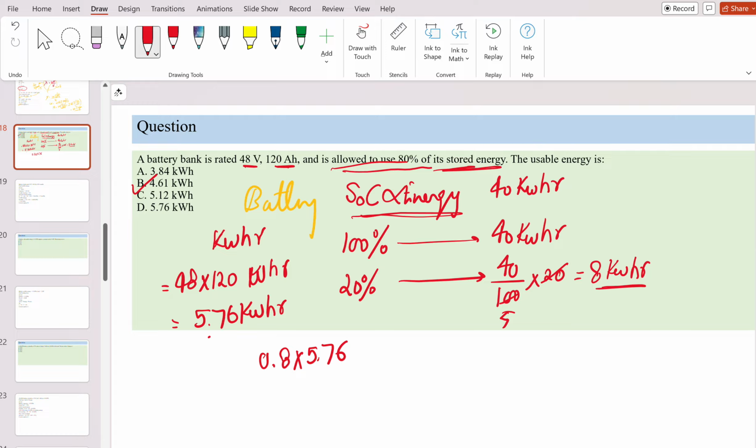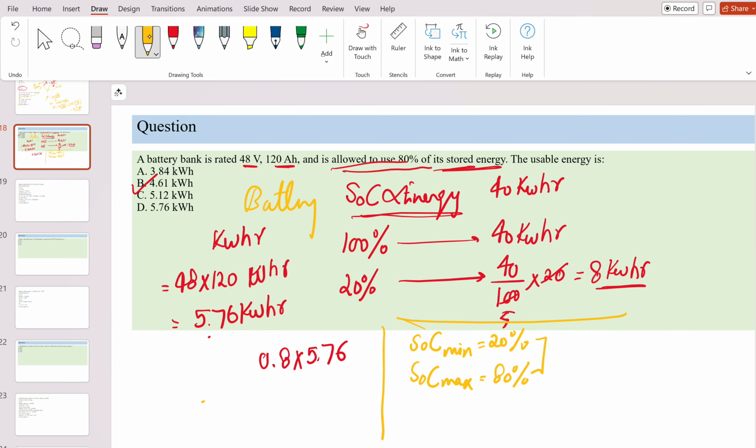So whatever the SOC is, suppose in this question you have a SOC minimum of 20% and SOC max means 80%. It means that you cannot go below a certain SOC and you cannot charge the vehicle above a certain SOC. Then what is the allowable usable capacity?